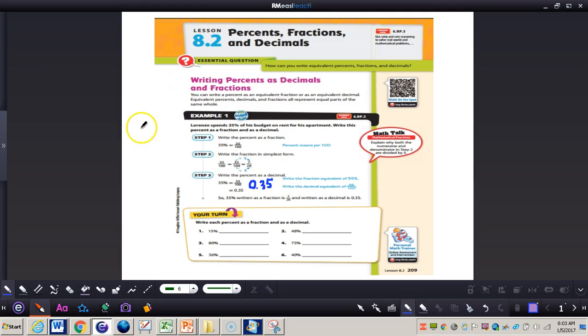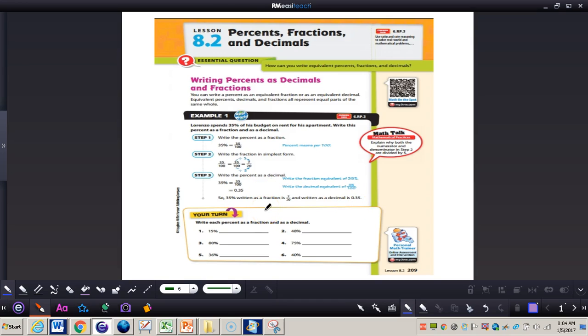Now, another way to understand this is if you have a percent, you just take that decimal to the right of 35 and move it over to the left 2 places to put it as a decimal. So 35 hundredths there. So if we take a look at 35%, it can be written as a fraction 7/20. Remember, we simplify it from 35 hundredths, and also written as a decimal as 35 hundredths as well.